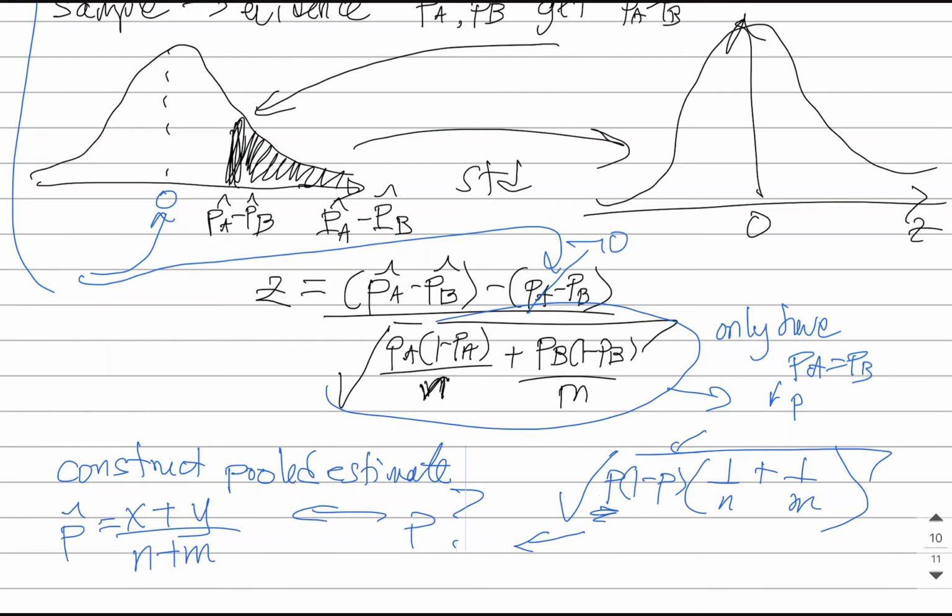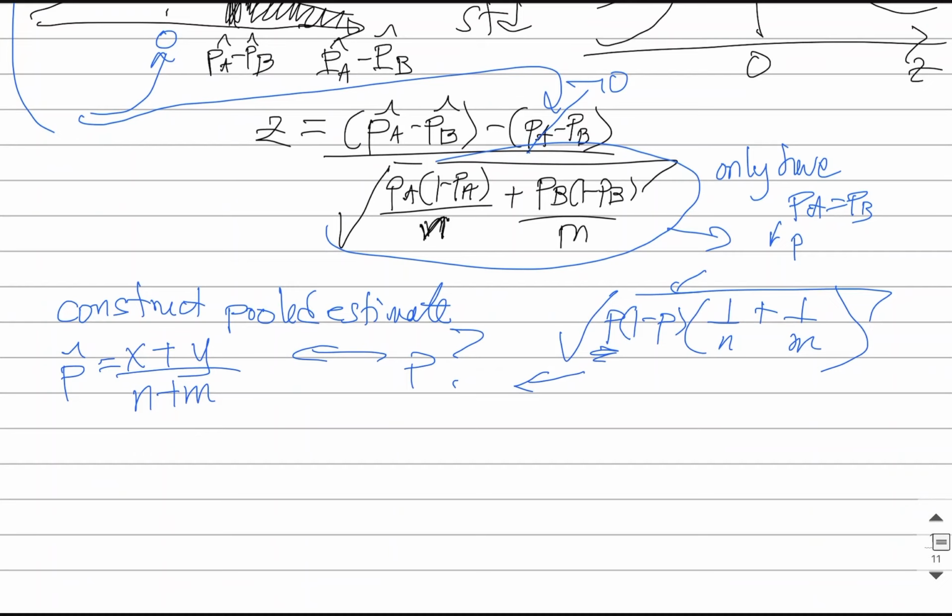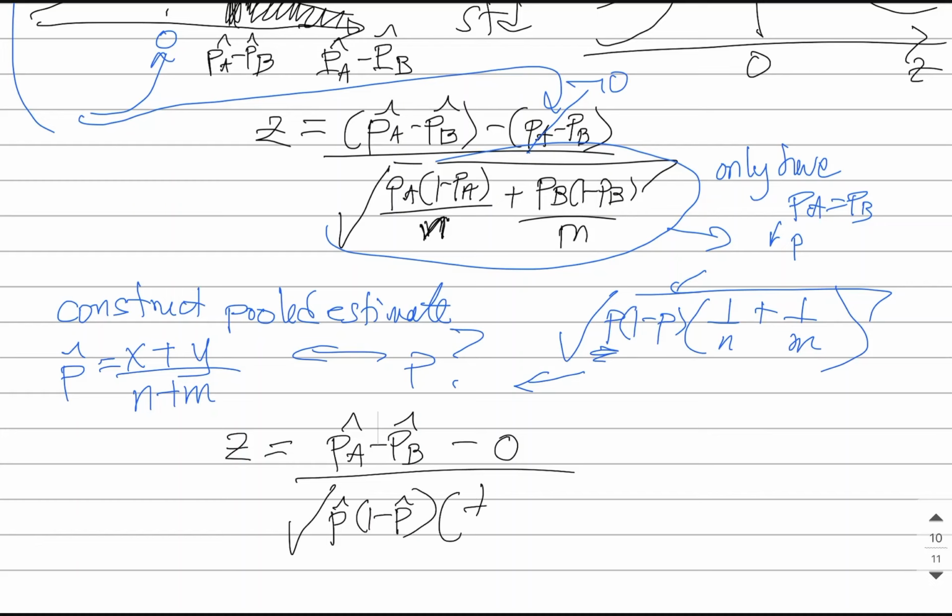So we'll call this P hat. So this P hat is our estimator for the actual proportion. So at the end of the day, the statistic that we compute is PA hat minus PB hat, subtract 0, and we will put in this pooled estimator as such.